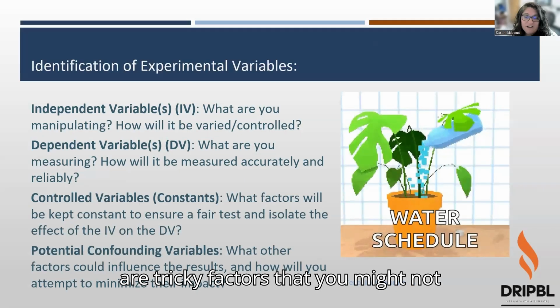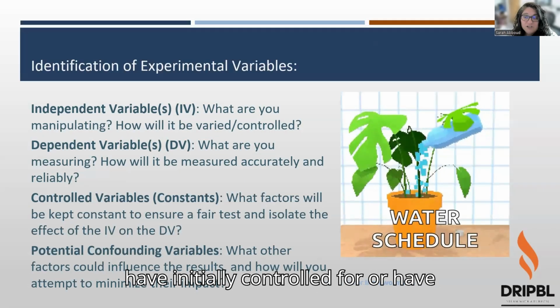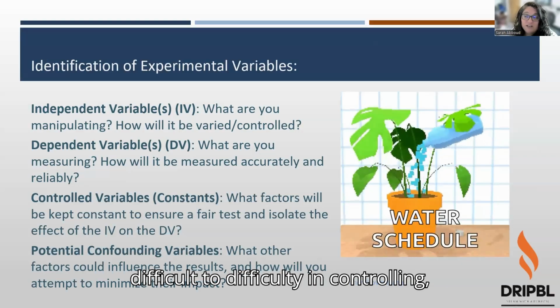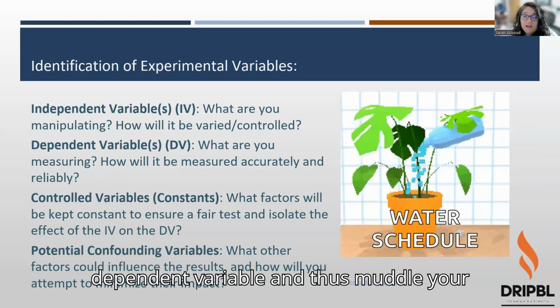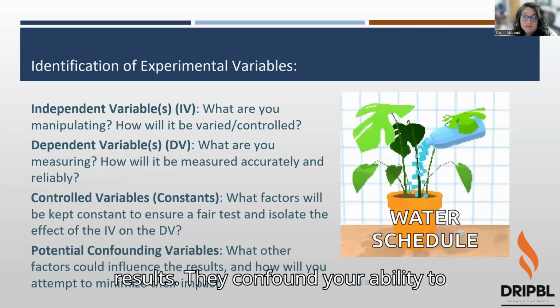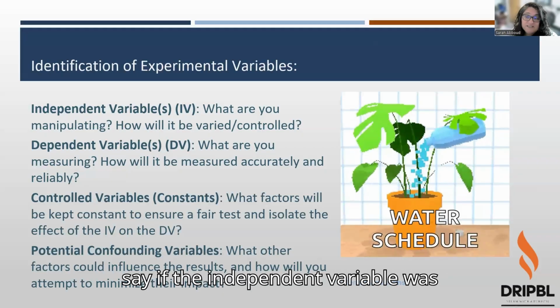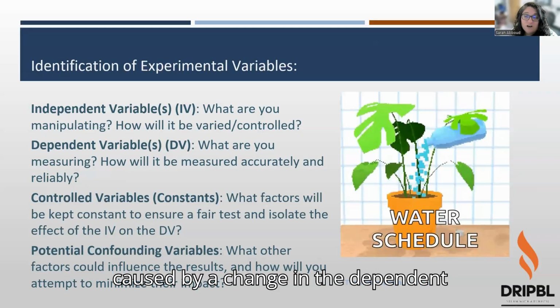These are tricky factors that you might not have initially controlled for or have difficulty in controlling, but they could still influence your dependent variable and thus muddle your results. They confound your ability to say if a change in the dependent variable was caused by the independent variable.